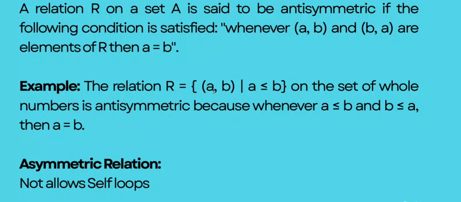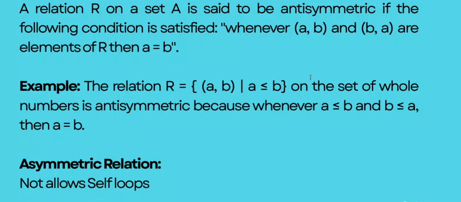So this is one example for anti-symmetric relation. See here, I am taking two values a comma b. The condition is a less than or equal to b. How to check whether this is an anti-symmetric relation? You take two values. I am taking the value as 3, 4. Now tell me whether 3 is less than or equal to 4. The condition is true.